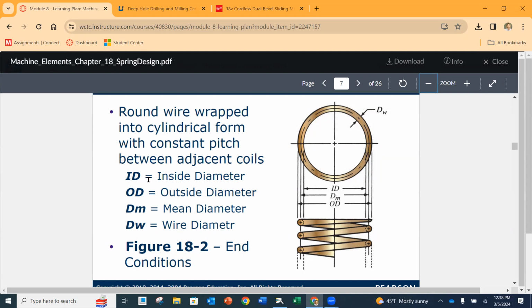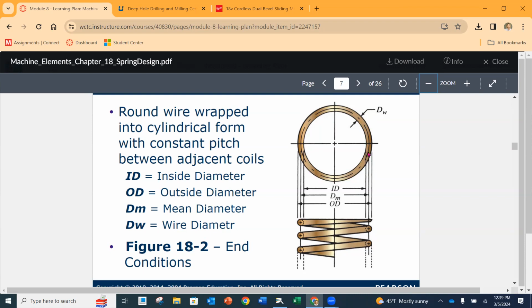The inner diameter, when we look down the middle of our spring, is going to be the smallest diameter. It's the diameter that would, for instance, fit over the top of a rod or a shaft in order to keep it in an orientation. Then we have the outside diameter, the very outside diameter as we see here. And then we have a mean diameter.